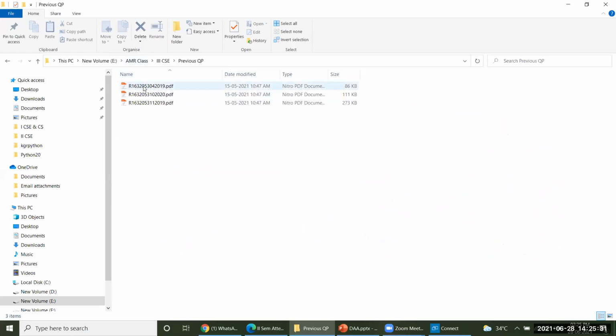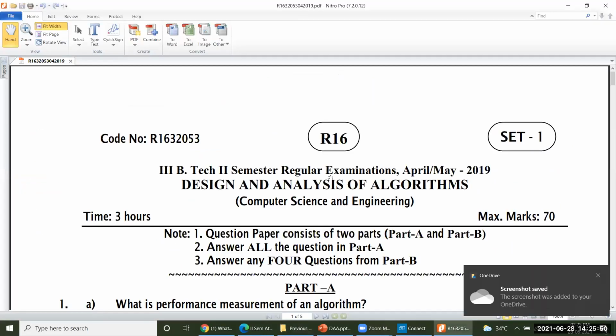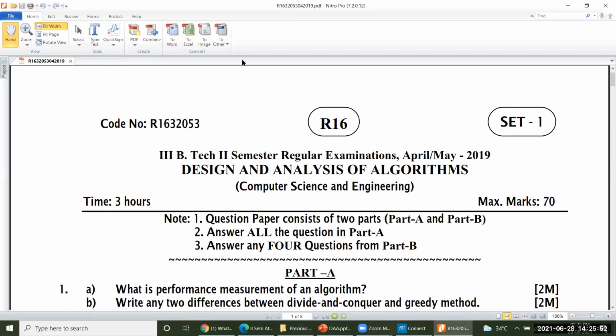Previous question papers you can see. So branch and bound లో మనకి ఎక్కువగా వచ్చేది... yes, look at this.